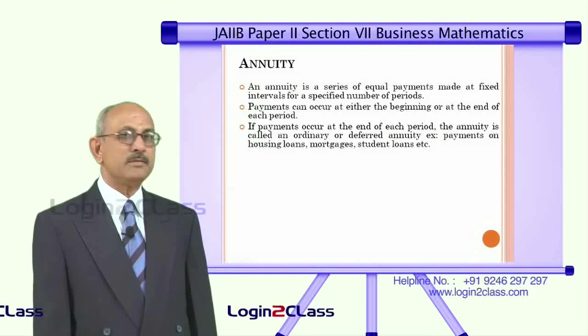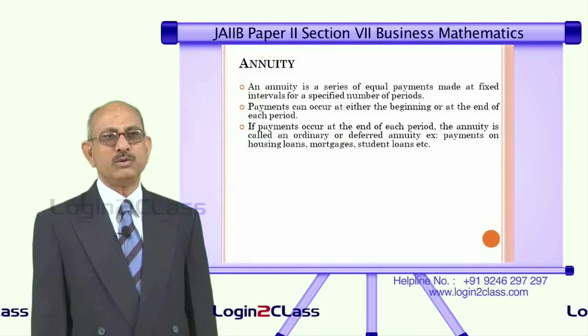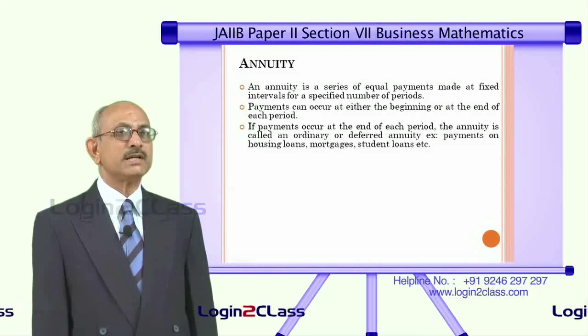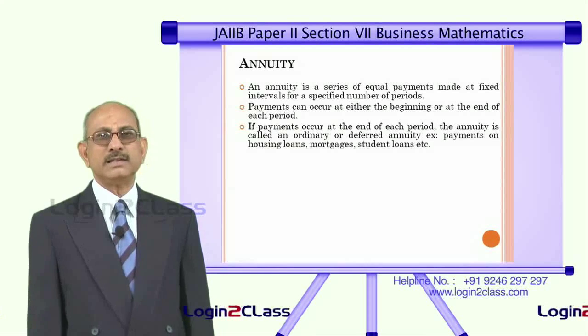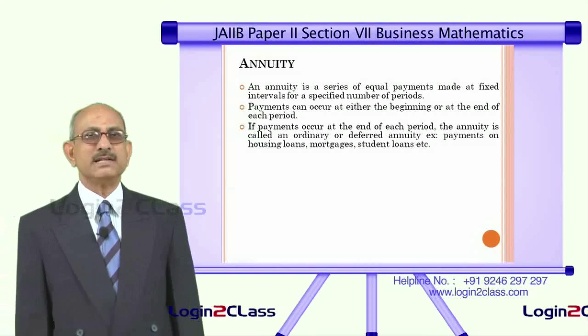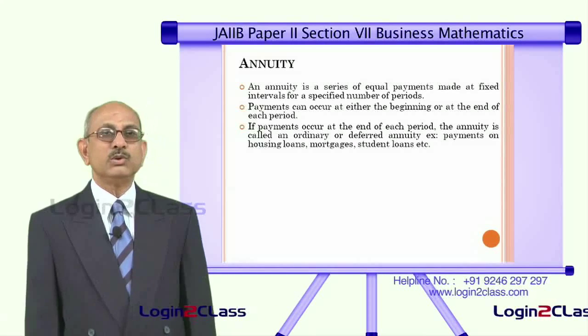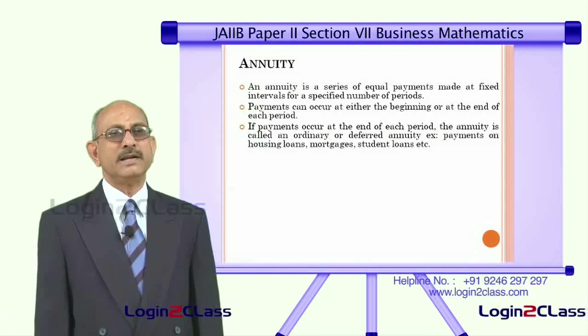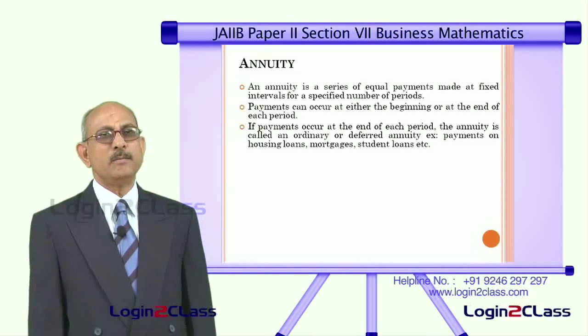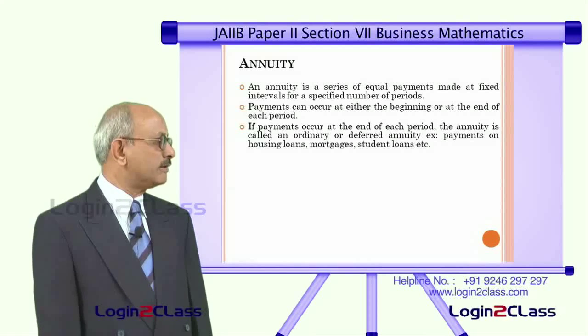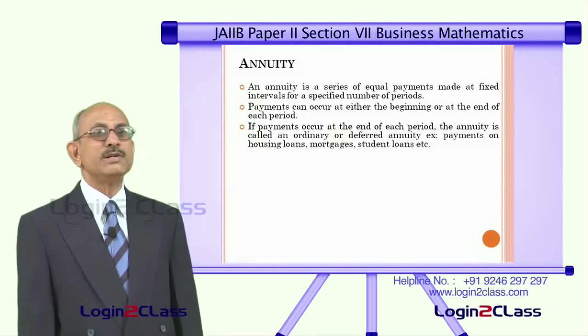So, this is an example of annuity. Similarly, if you have opened a recurring deposit account in a bank, you would be depositing, let us say, 1000 rupees every month for the next 60 months. So, this is another example of annuity payments. So, in real life, we have any number of situations where annuity payments or annuity receipts are involved. So, both are treated as annuity.